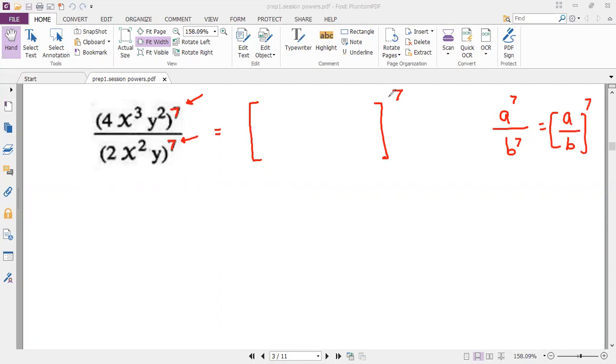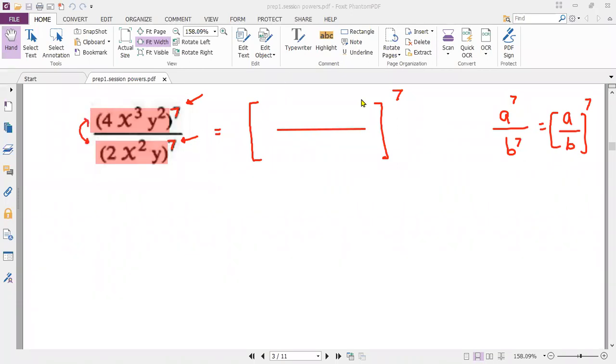And I did the same here. We have the same power. We have 7 and 7. So we can divide the two expressions, this one here and this one here at the bottom, and raise both of them to the power of 7.